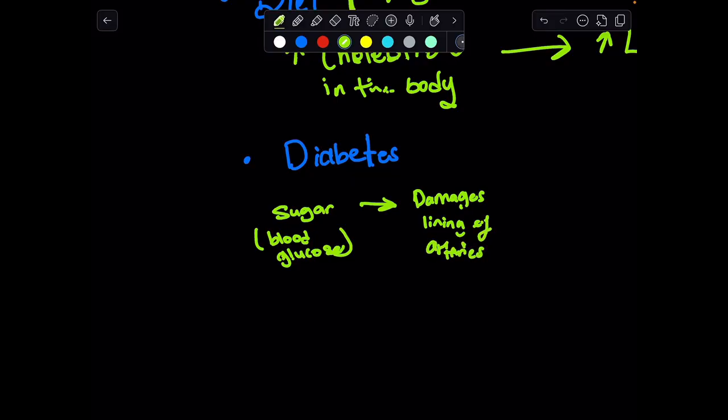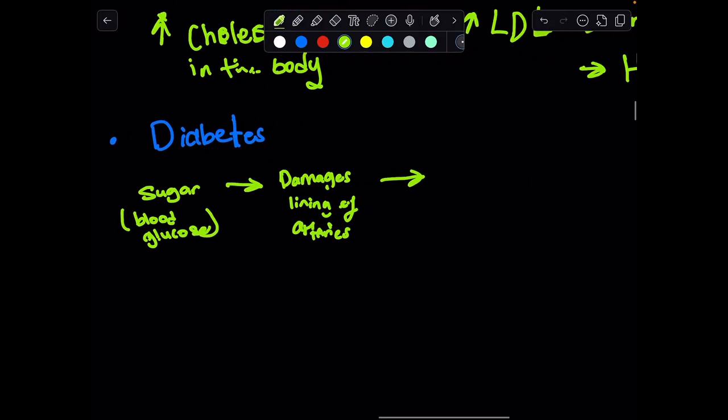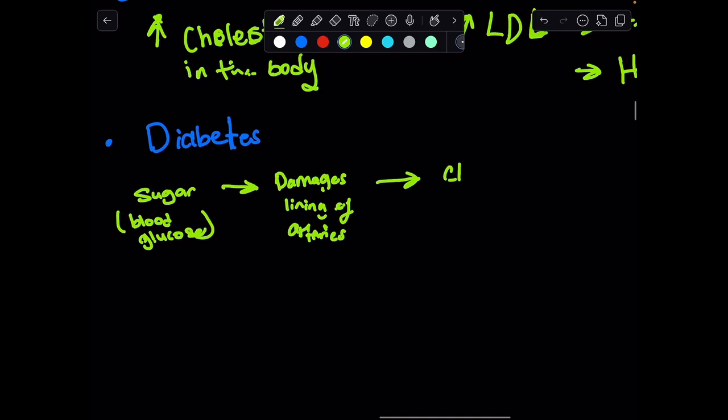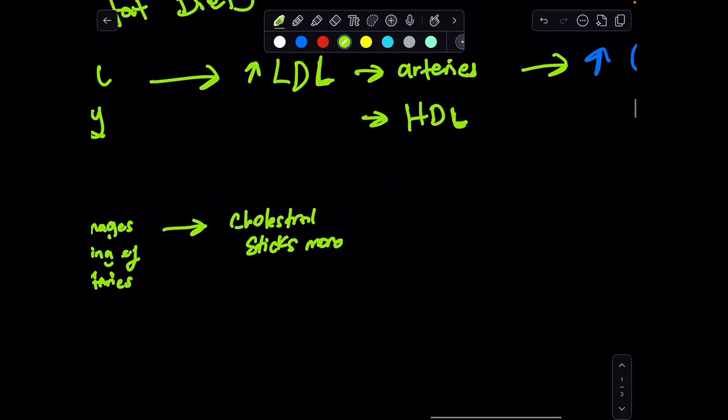If the lining of the arteries is damaged, then what? Cholesterol sticks more. And if cholesterol sticks more, and there is increased lazy dangerous Luffy and a decrease in helpful Luffy, because it's not a balance, right, guys?